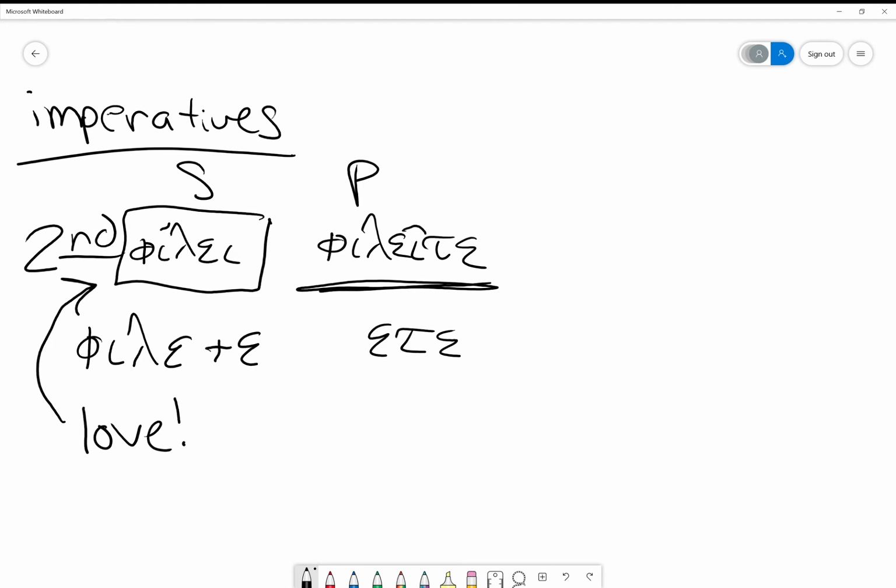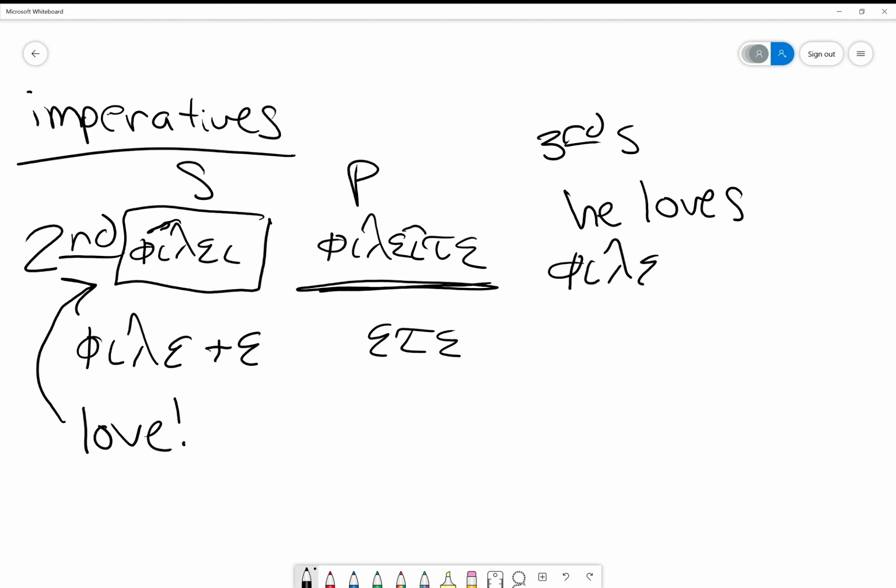But it looks like our third person singular, like if we were saying he loves. However, notice the accent mark. He loves is going to have a circumflex, whereas this one has our acute on its first syllable, one syllable back from the end.